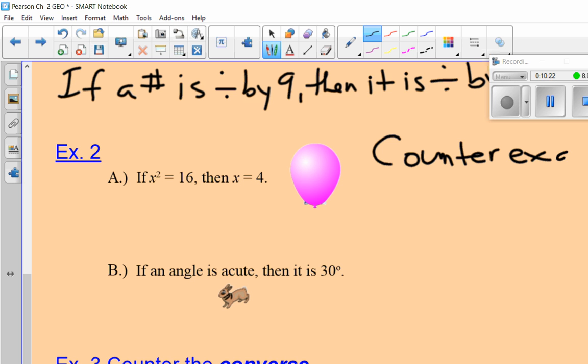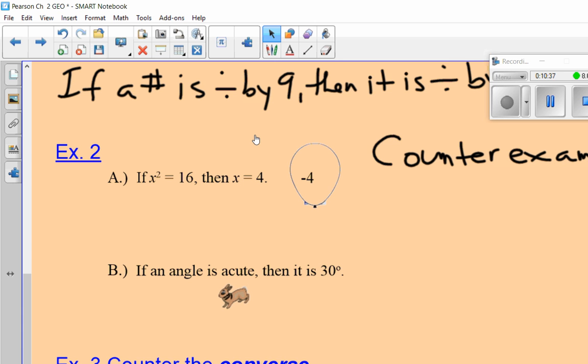We learned this in section 1. We want to find a counterexample that would make that false. 4 squared is 16, but is there something else? Hopefully some of you are smart: -4 squared also gives you 16. So I've been able to prove that this is false.